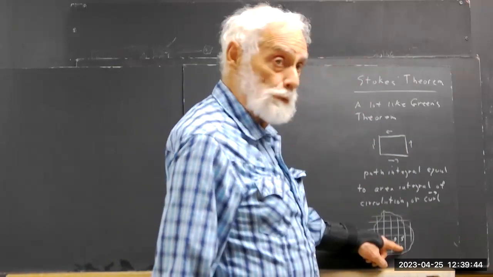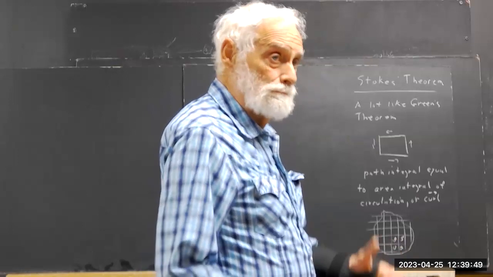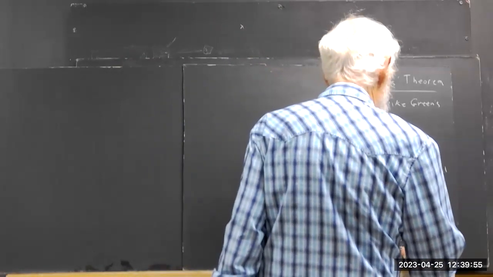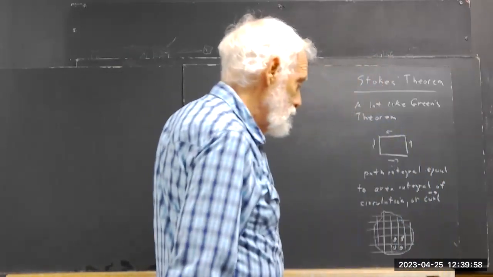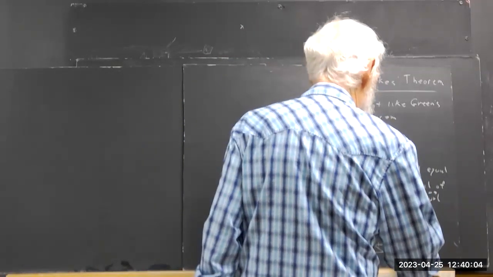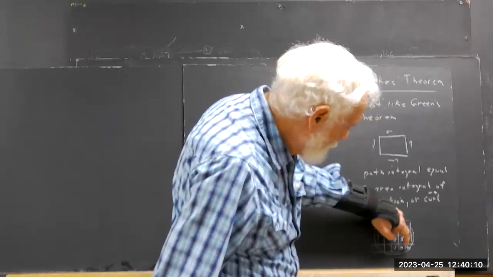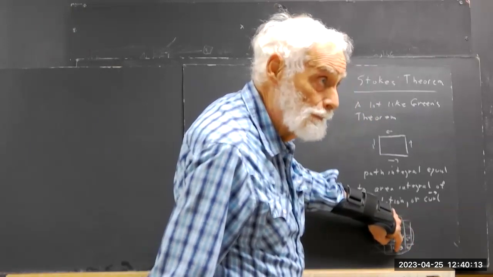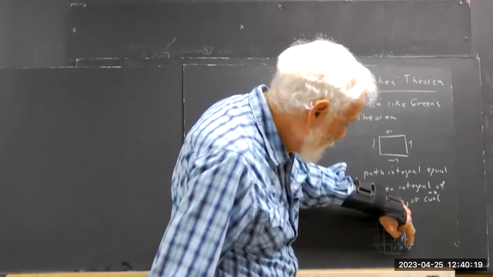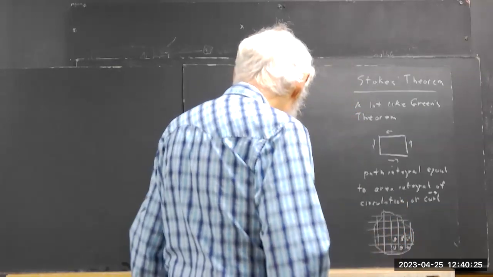The circulation over the boundaries of adjacent regions will cancel out unless the boundary is on the outside of the region, in which case the circulation on this part of the path is equal and opposite between here and here. And on this part of the path it's again equal and opposite between these two adjacent regions, but you're left with the circulation around the boundary.